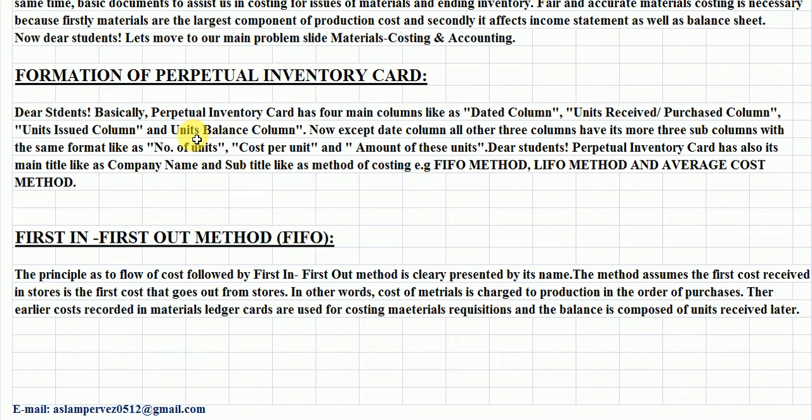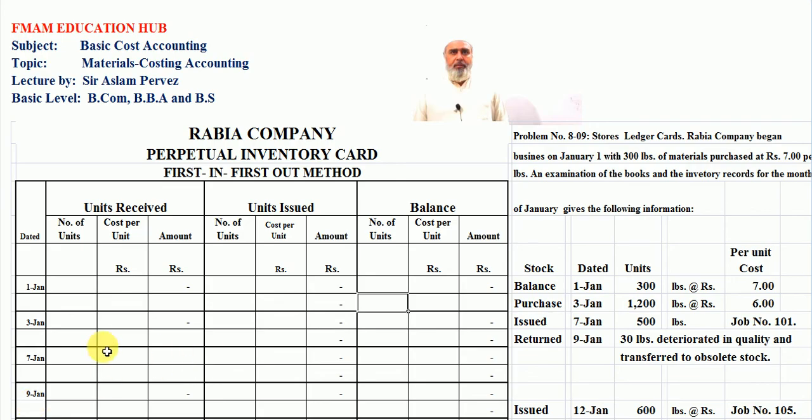Now we again move to our main slide. So students, you are looking here at the formation of Perpetual Inventory Cards, which you are looking at in front of you on your screen. Basically it has four columns: date column, units received column, units issued column, and balance.